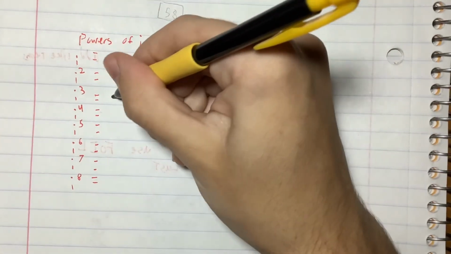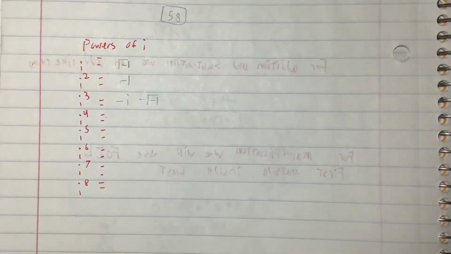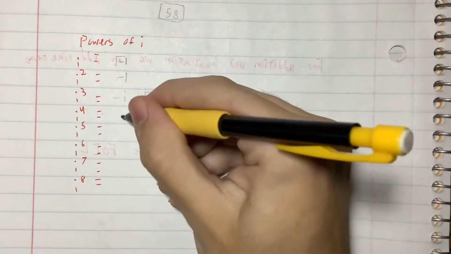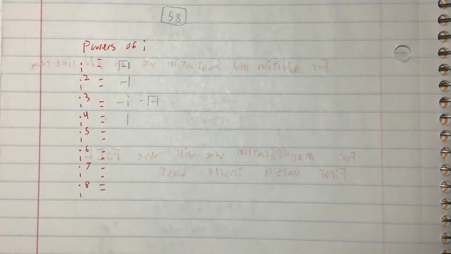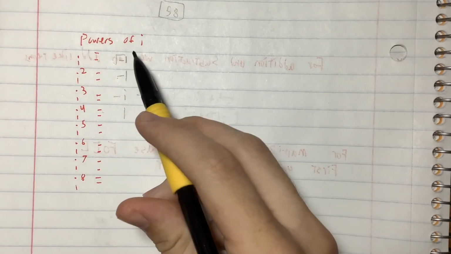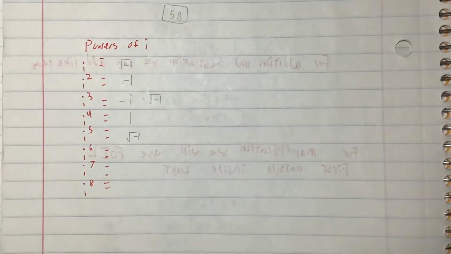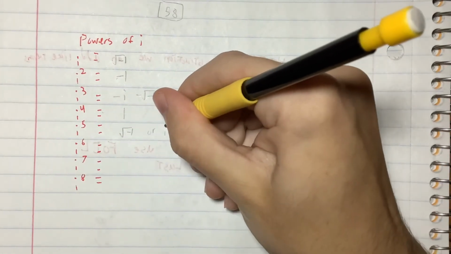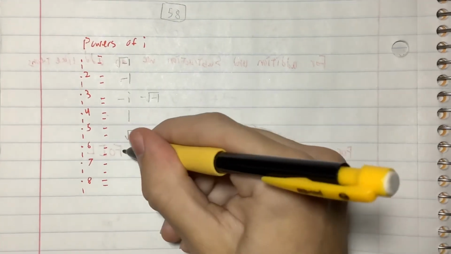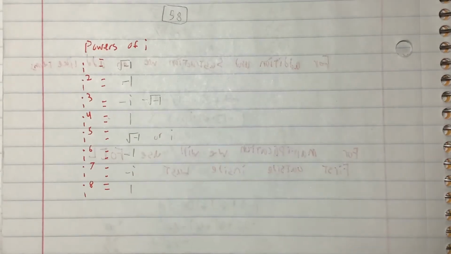So this one could either be negative i or negative square root of negative 1. So i to the fourth, that'll be negative 1 times negative 1, 1. Okay, i to the fifth, so that'll be 1 times square root of negative 1, or back to basic i. So it'll just repeat: i, negative 1, negative i, and 1.